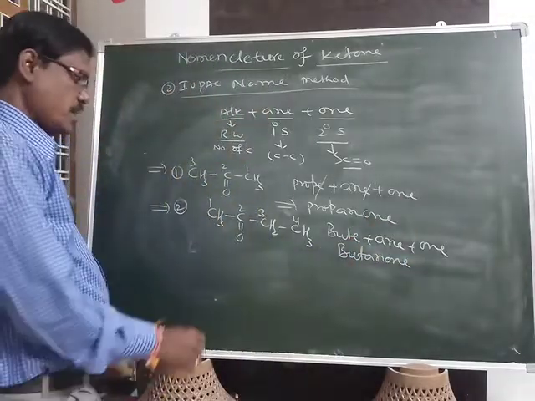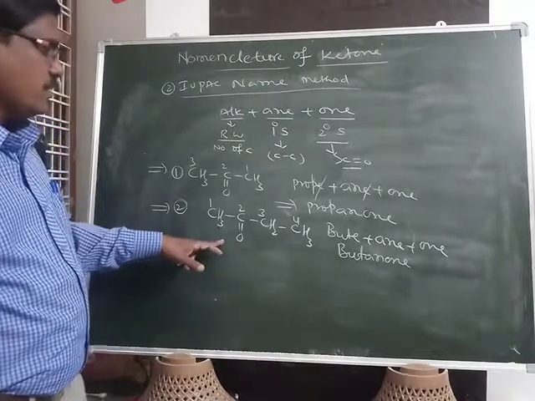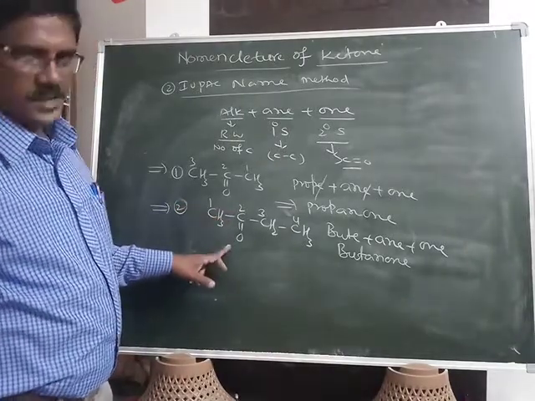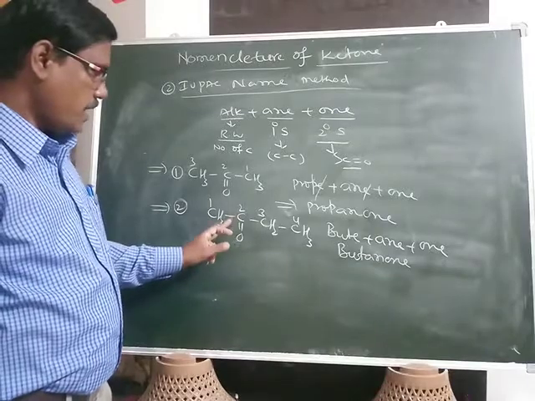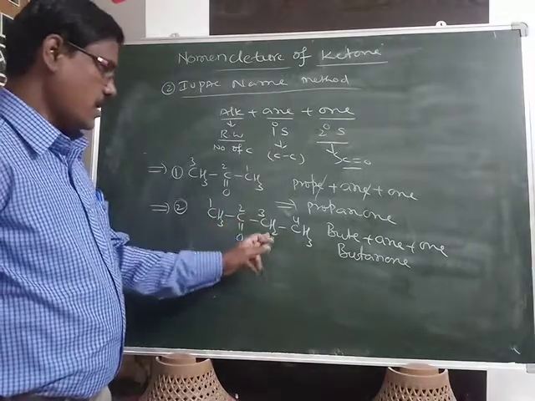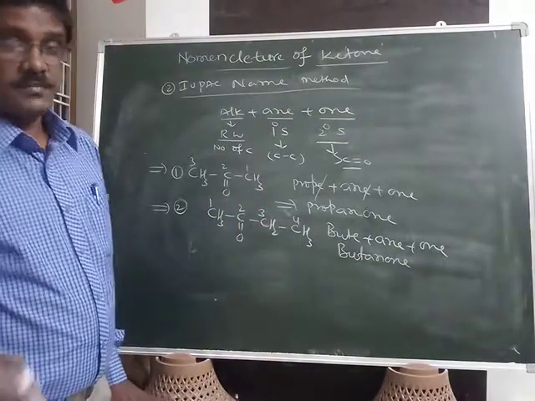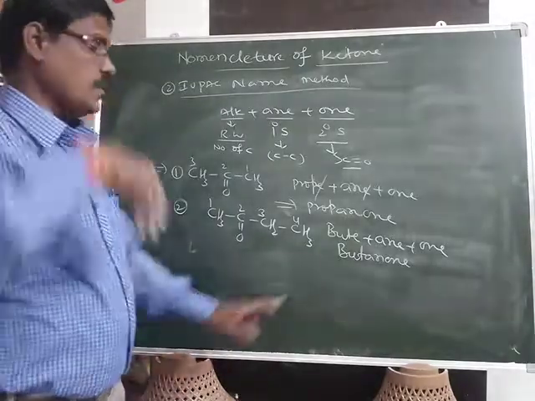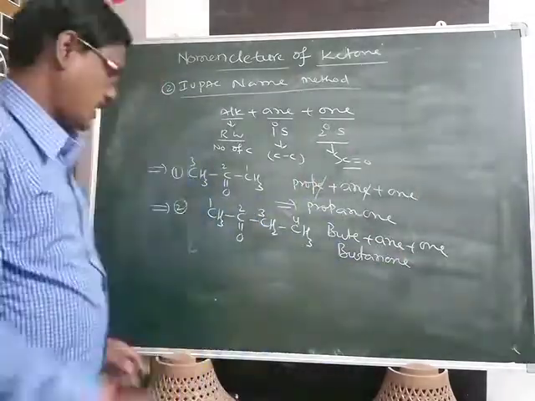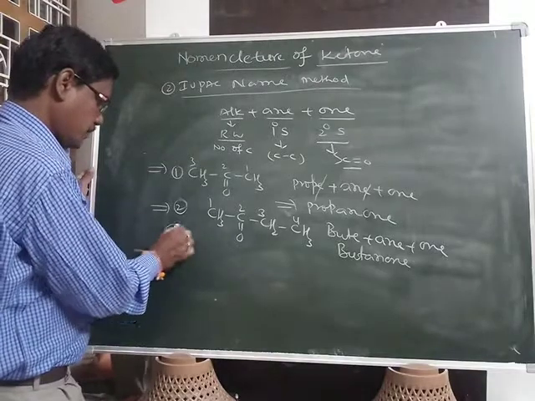Here we do not need to mention the second position, because whether we write it here or here, it is always second. If there is a change in the position, then we want to mention that position.